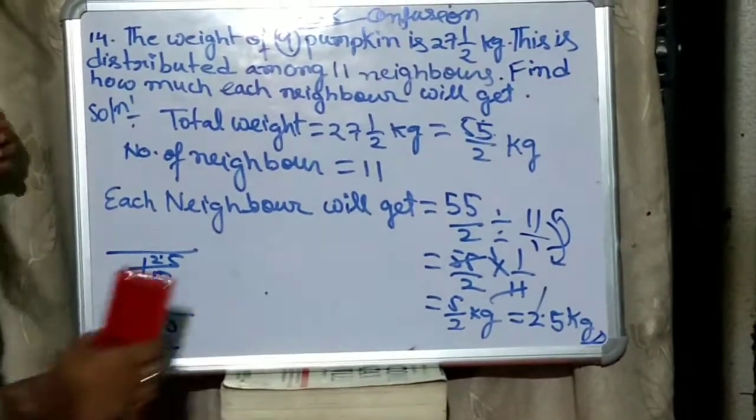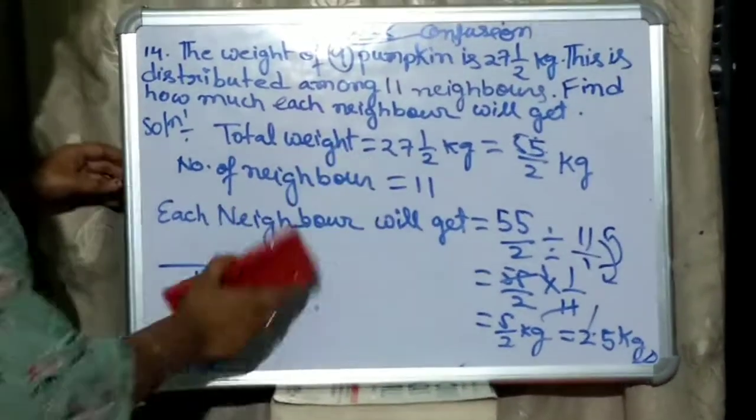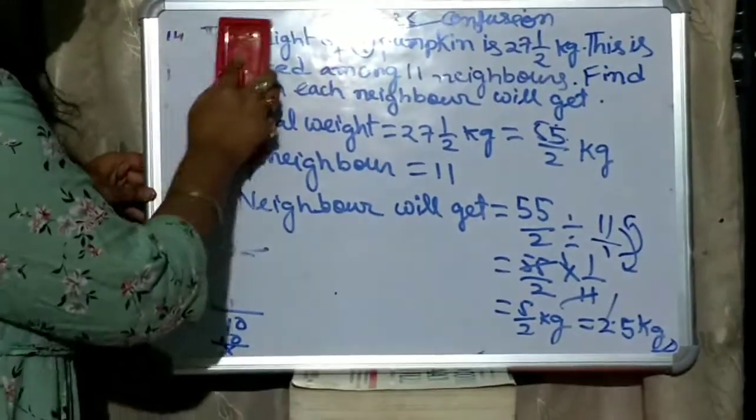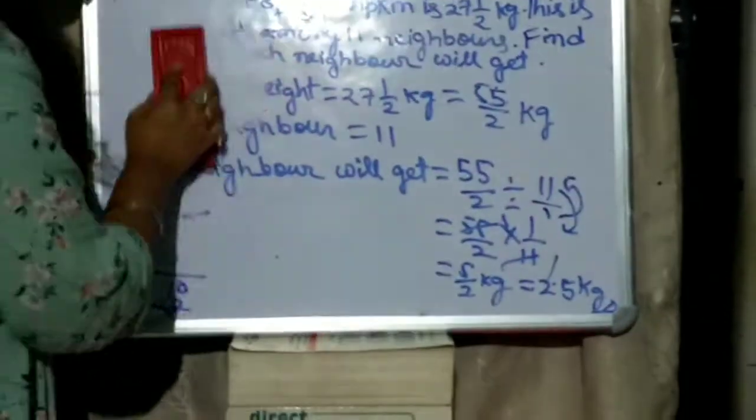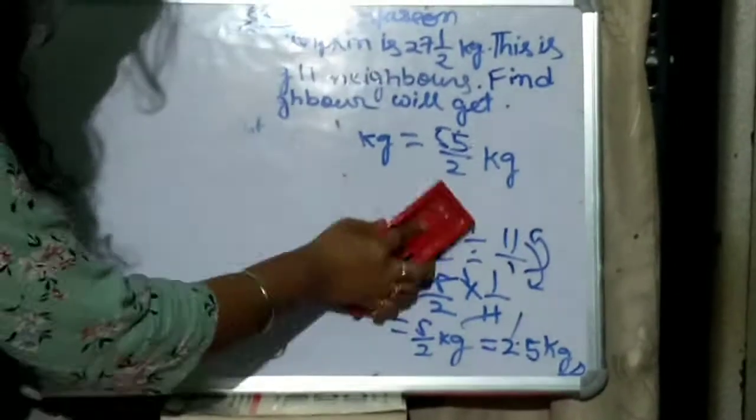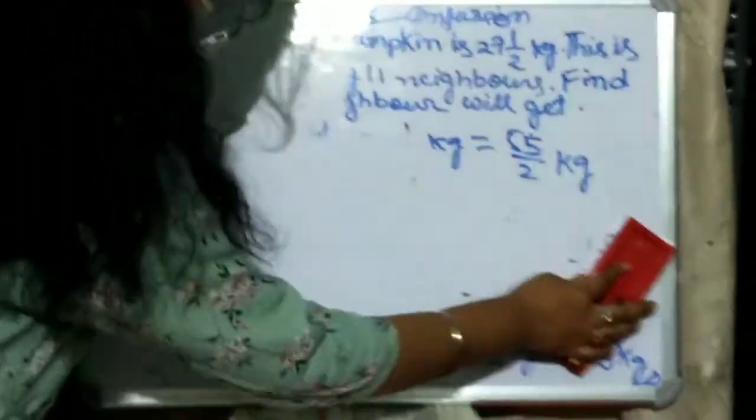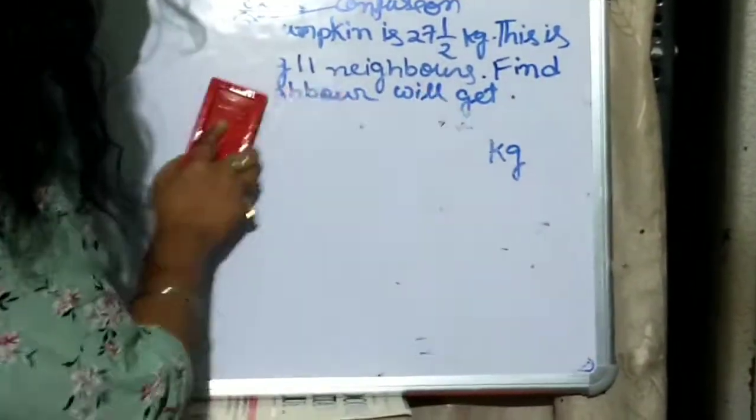Okay, I know my students have taken the screenshot, and this explanation I will provide in the form of a PDF. You can write from there also, and for fast calculation you can take the screenshot of my explanation also.